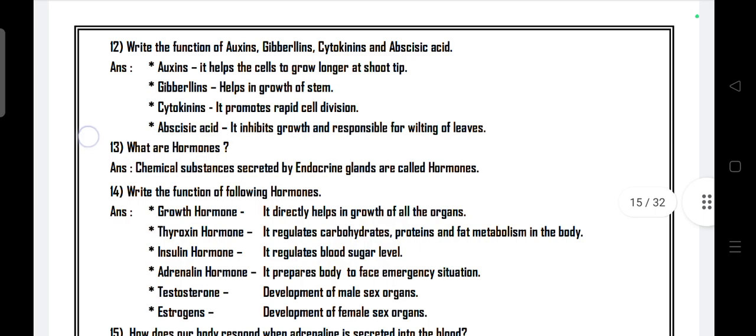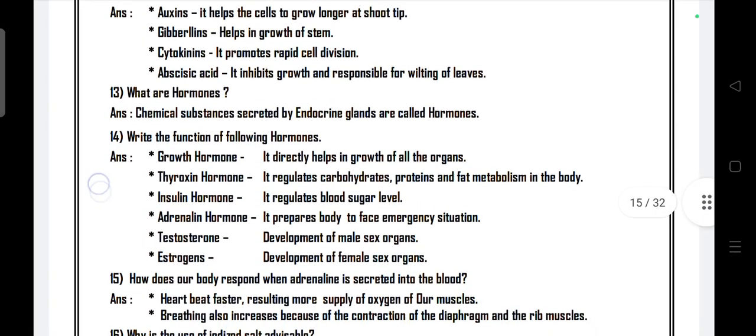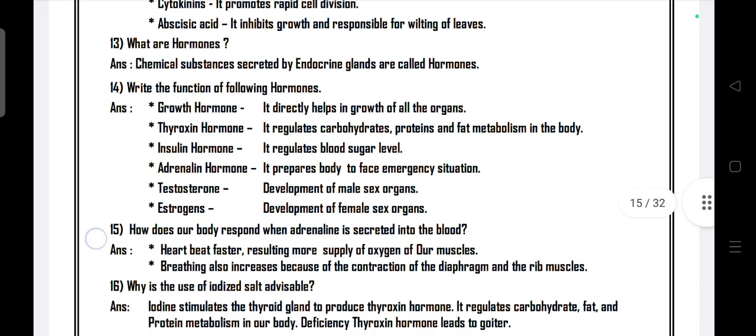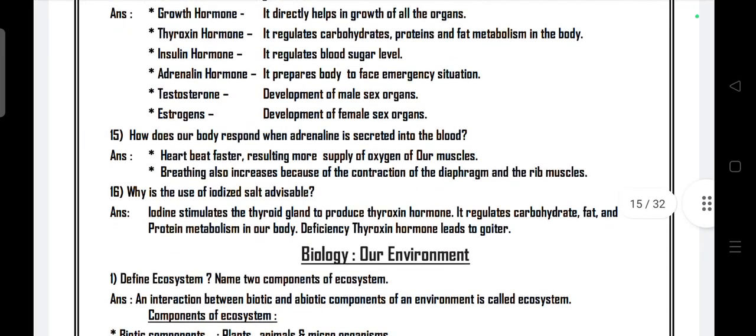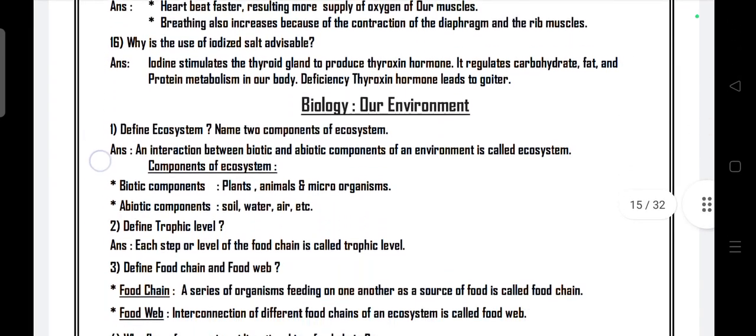Properly you have to read all these, then only you can score about 75. Only from these questions they'll ask, other than this they'll not ask. These are all the very important questions.